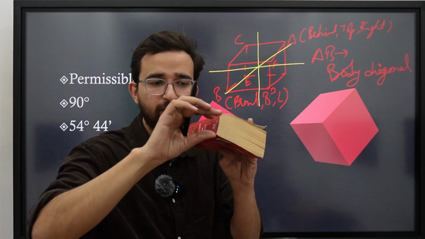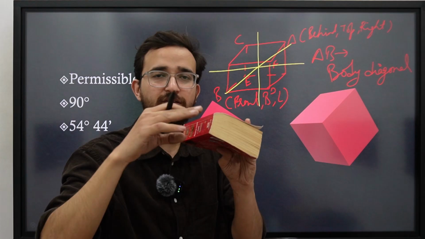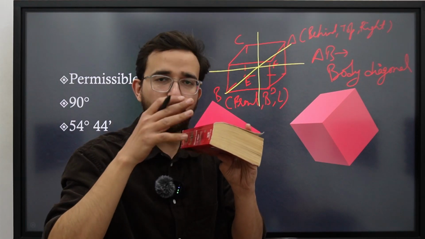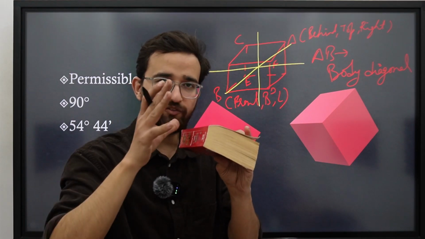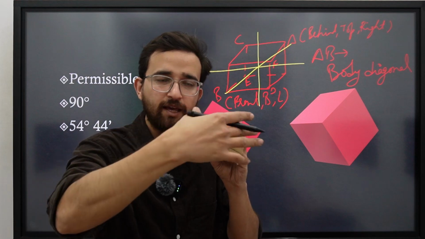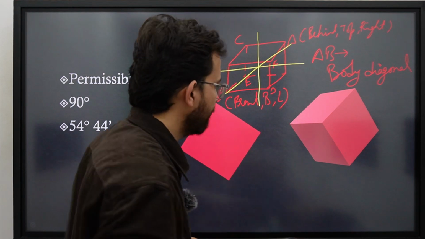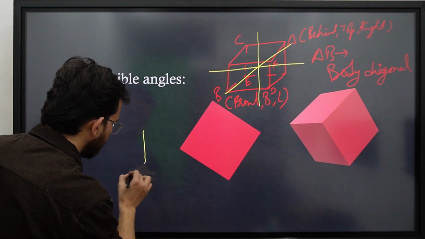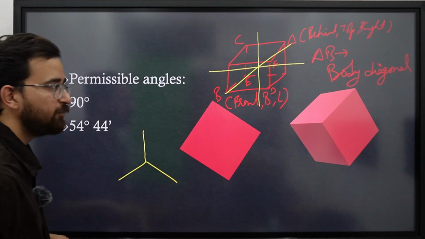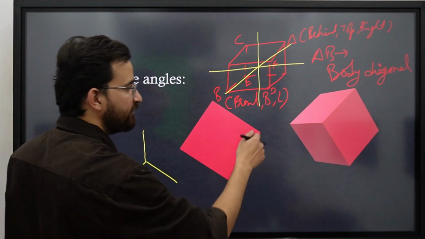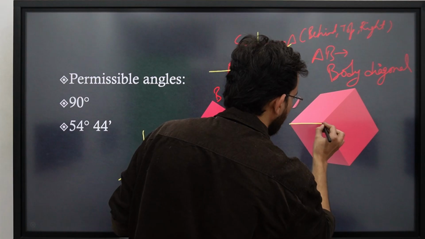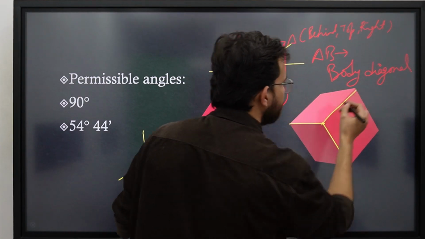Now the length of these line segments is different because we are not talking about a perfect cube. If this were a perfect cube, the line segments would be exactly the same length. So if you look through the body diagonal, you see something like this. I have this cube. You see this pattern.